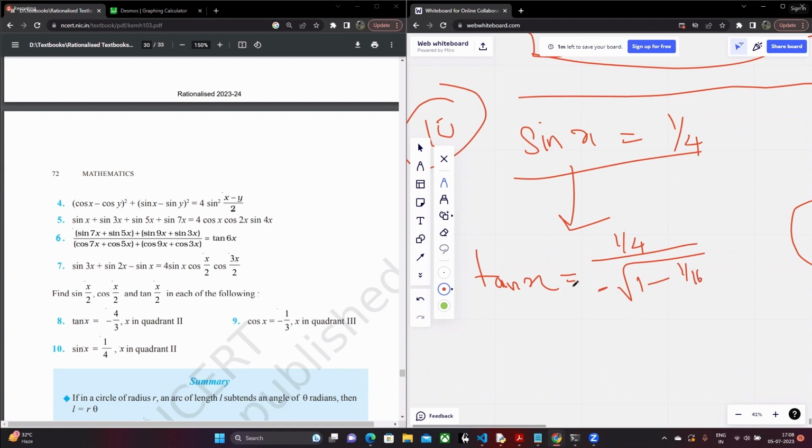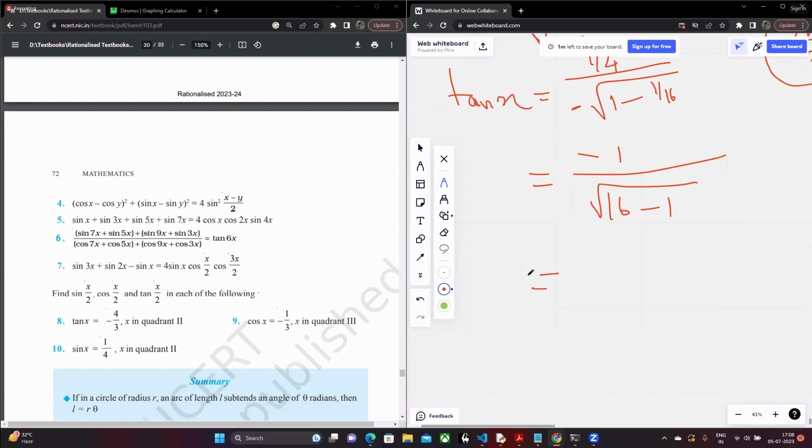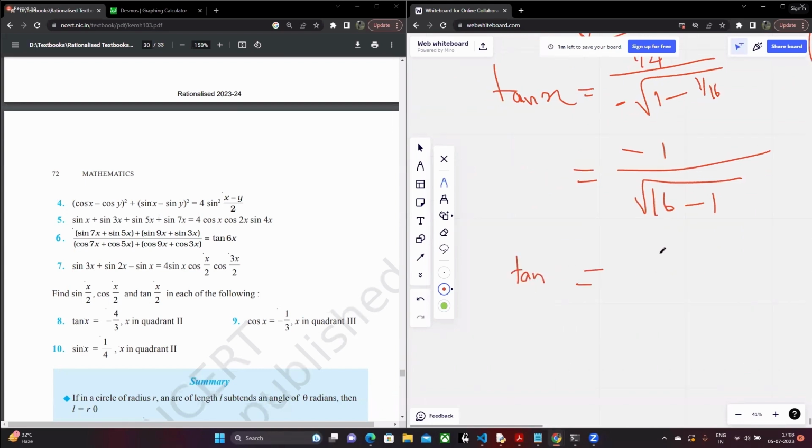Since cos x is going to be negative in the second quadrant and tan x is going to be negative, I will introduce a minus sign over here because roots are always positive. Right? So this is basically minus 1 divided by, since I have a 4 over here, this is root of 16 minus 1, or tan x is basically minus 1 by root of 15.